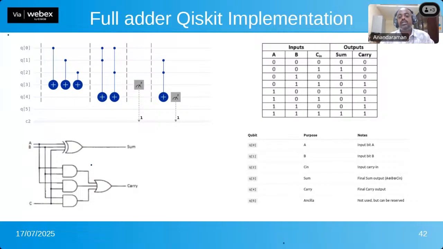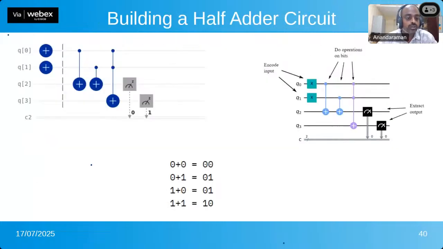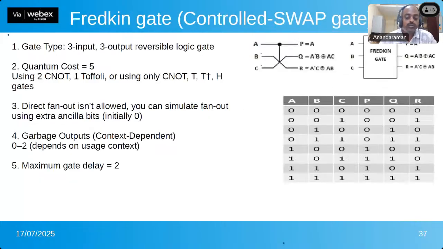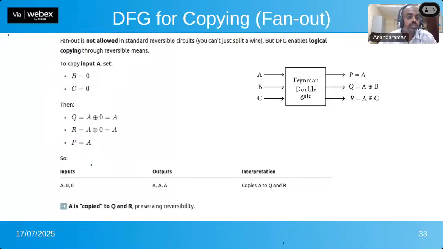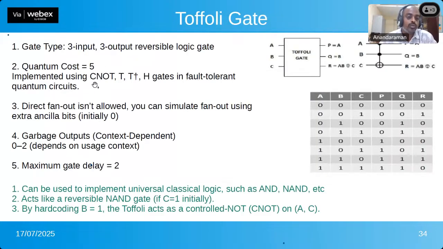So these are the terms: garbage output, delay, quantum cost, number of inputs and number of outputs, and gate type, meaning how many inputs and outputs that gate has. Quantum cost is how many primitive gates are used for implementation.